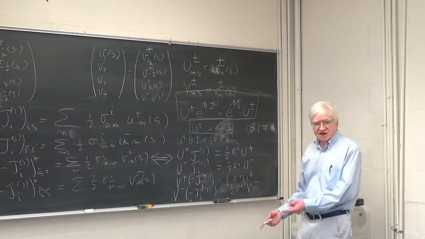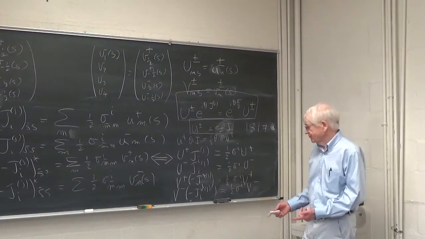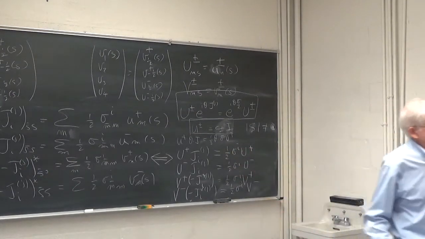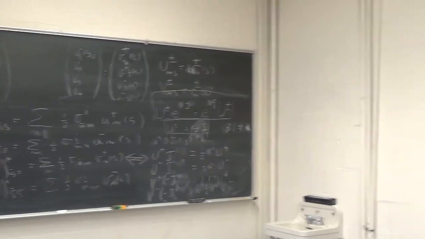Actually, you know what I just thought one could do for this? Suppose you complex conjugate everything, both sides of the equation. Then what you get is the equation V minus complex conjugate.